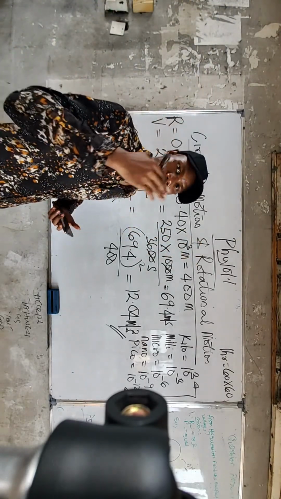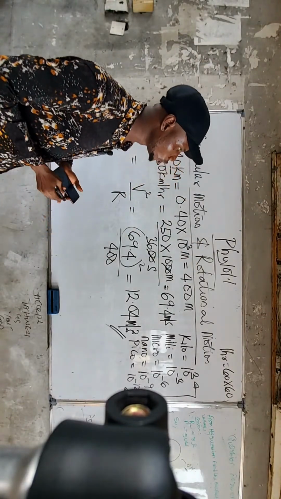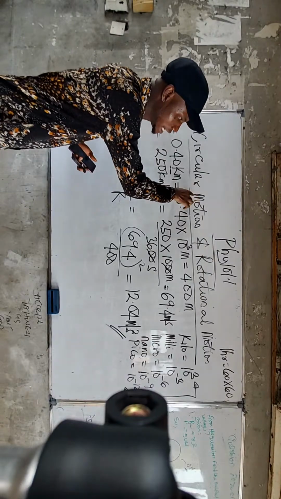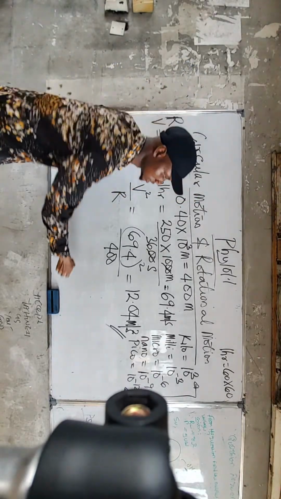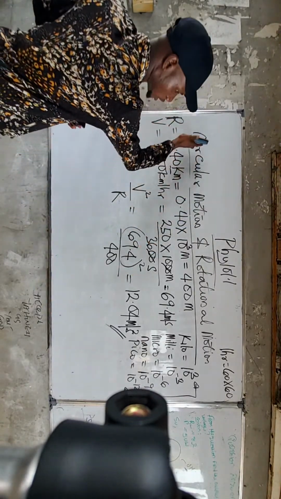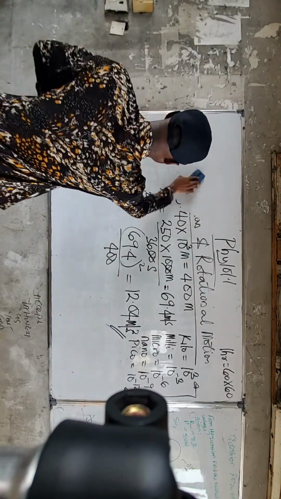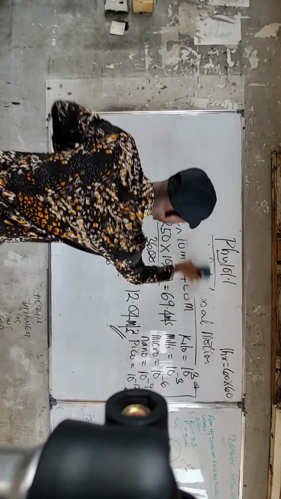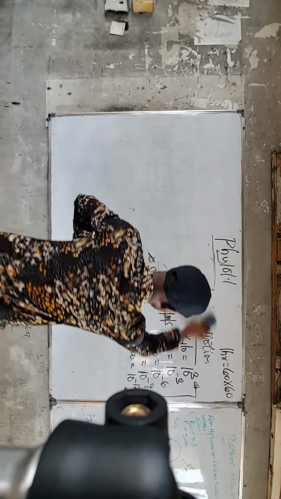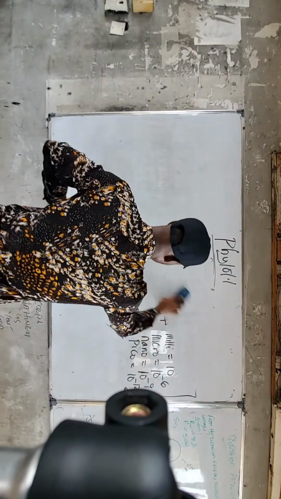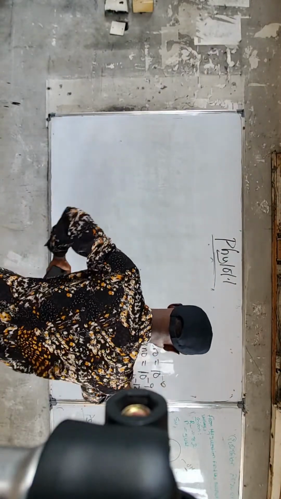But before we move into rotational motion here, we have to know the analogy between linear motion and circular motion. Please write: analogy between linear motion and rotational motion.